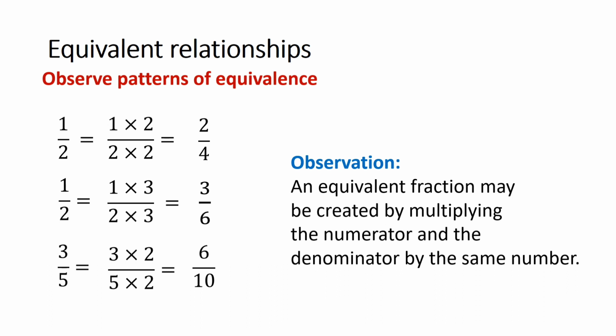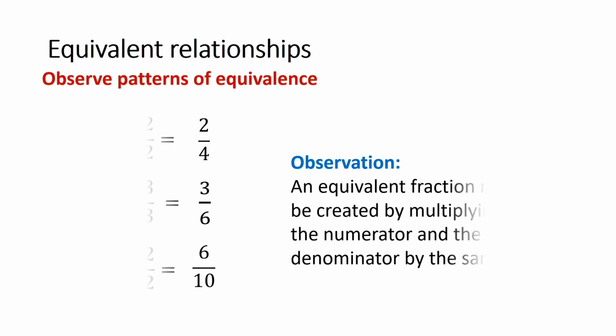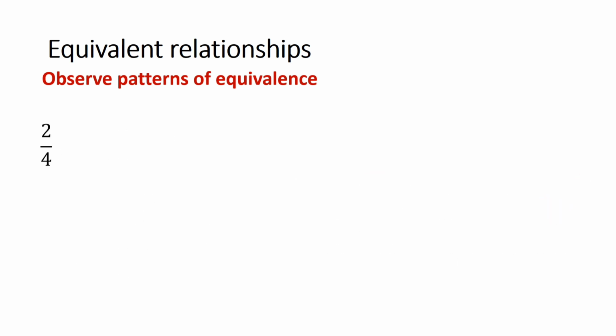Teachers should also be encouraged to do the reverse. That is to say, we start with the 2/4. So we say 2/4 is equivalent to a half. We can point the students in the direction of what possible operation can take us from 2 to 1.